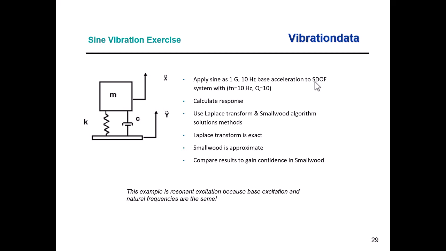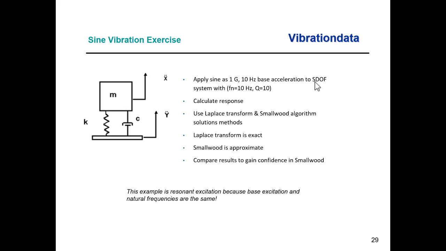X double dot might also be 1 at certain frequencies, and that's called a unity gain. At other frequencies, x double dot will be much greater than y double dot, such as the case of resonant excitation, particularly that case. And for other frequency cases, x double dot may be less than y double dot. And these are all in reference to peak magnitudes, by the way.